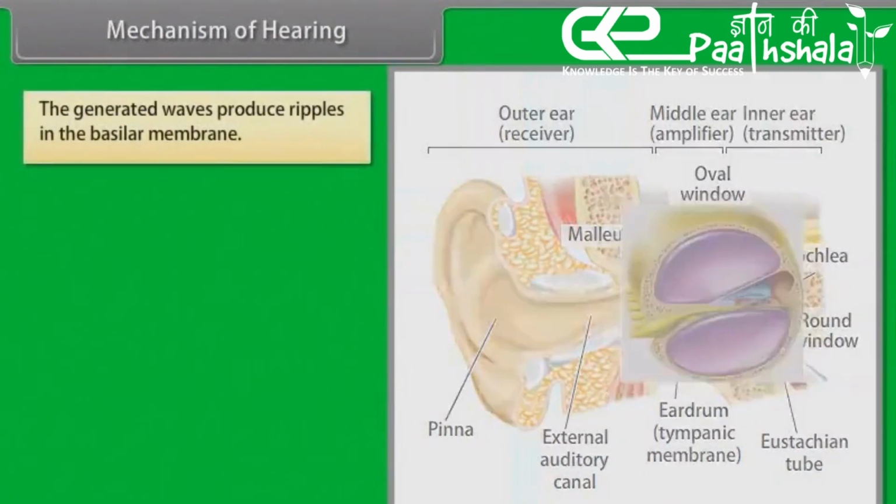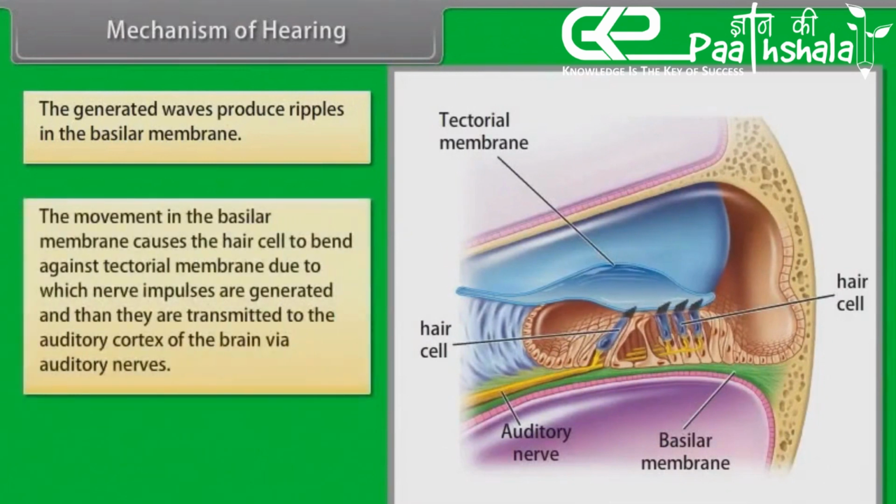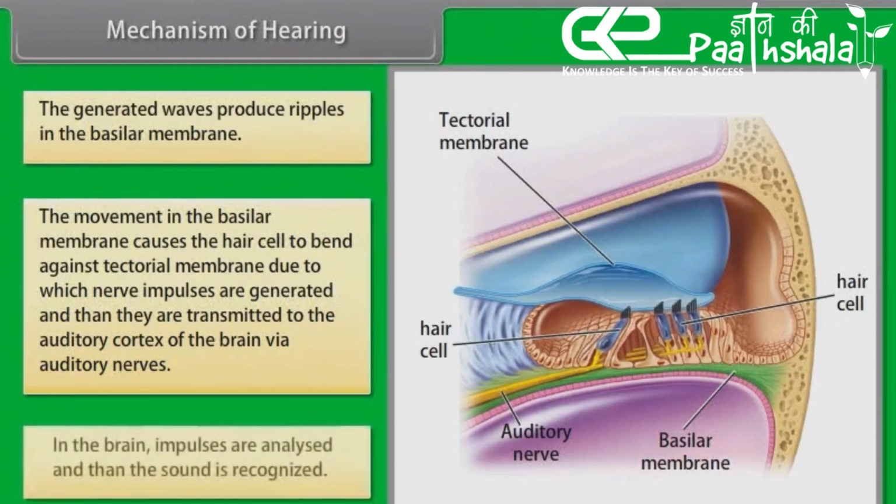The generated waves produce ripples in the basilar membrane. The movement of the basilar membrane causes the hair cells to bend against the tectorial membrane, due to which nerve impulses are generated and transmitted to the auditory cortex of the brain via the auditory nerve. In the brain, impulses are analyzed and then the sound is recognized.